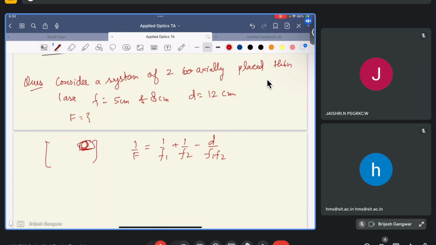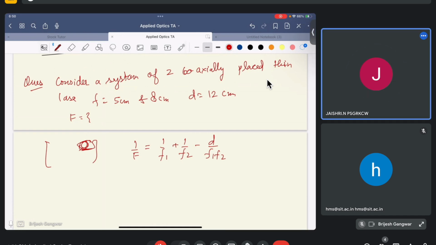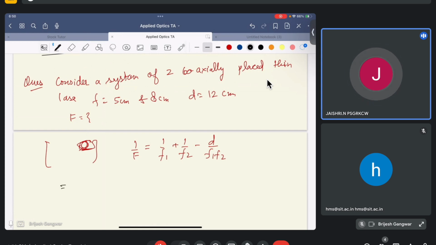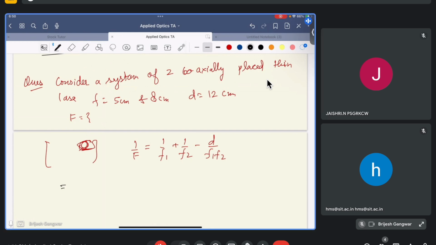I think we solved this formula in the last class, the transfer matrix of two separated thin lenses. So what will be the answer? Whether it is minus d by f1 f2 or plus? I thought this is minus d by f1 f2. There should be.